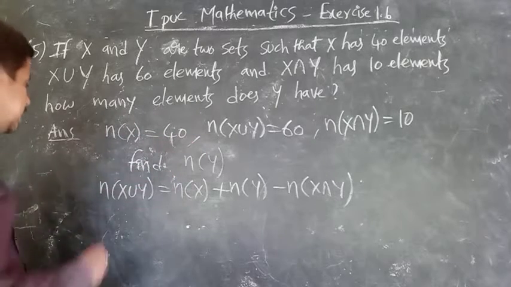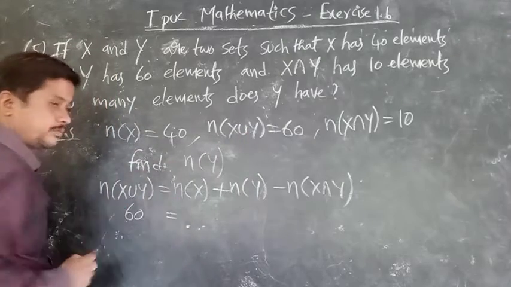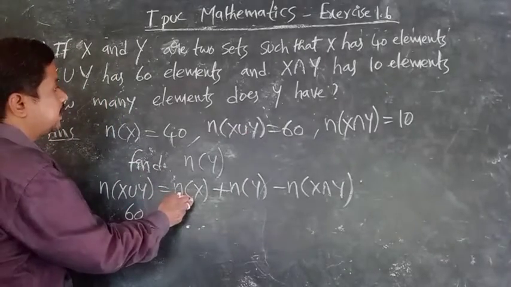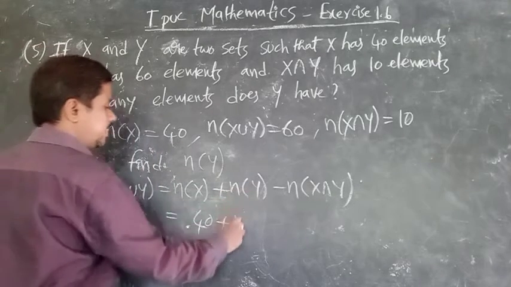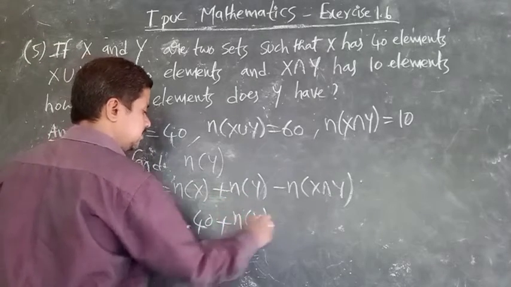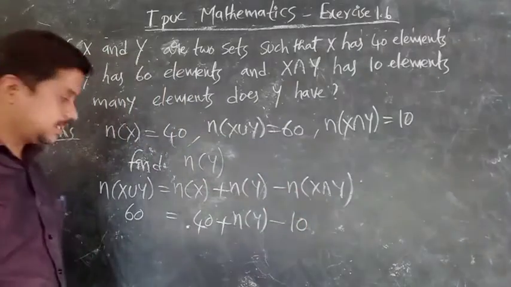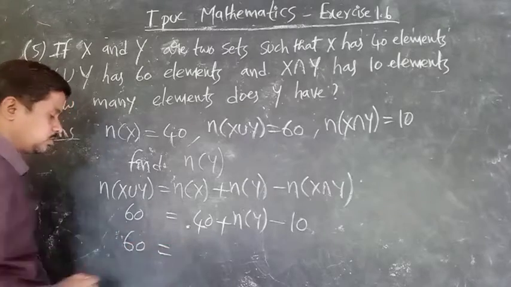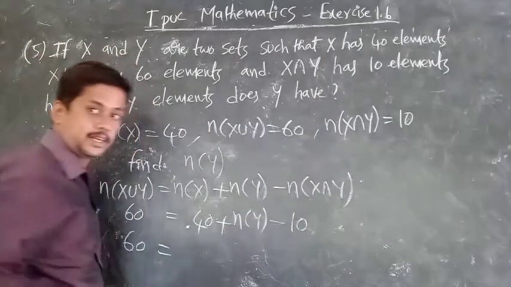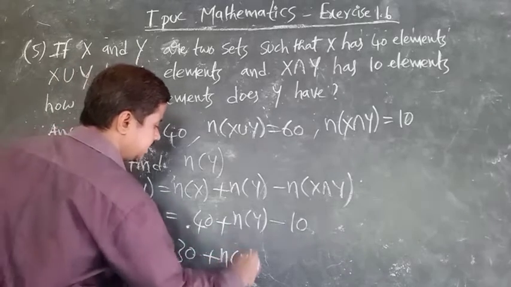N of X union Y is 60, equal to N of X, which is 40, plus N of Y, which we don't know, minus N of intersection 10. So 60 is equal to 40 minus 10, 30, plus N of Y.